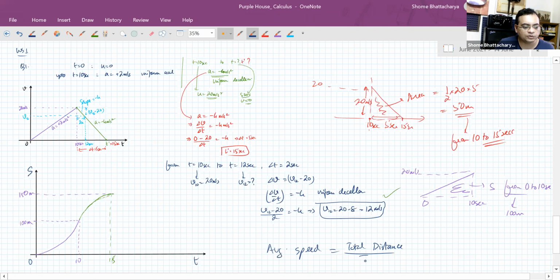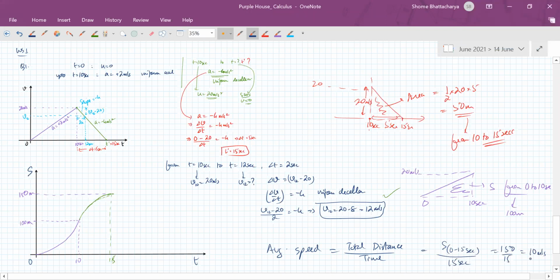So if I'm talking about the entire journey, then I have to take the total distance in 15 seconds, divide by 15 seconds. So this will be S from 0 to 15 seconds divided by the total time of 15 seconds. Which I've just shown you, this is 150. So the average speed for the entire journey is in fact 10 meters per second.